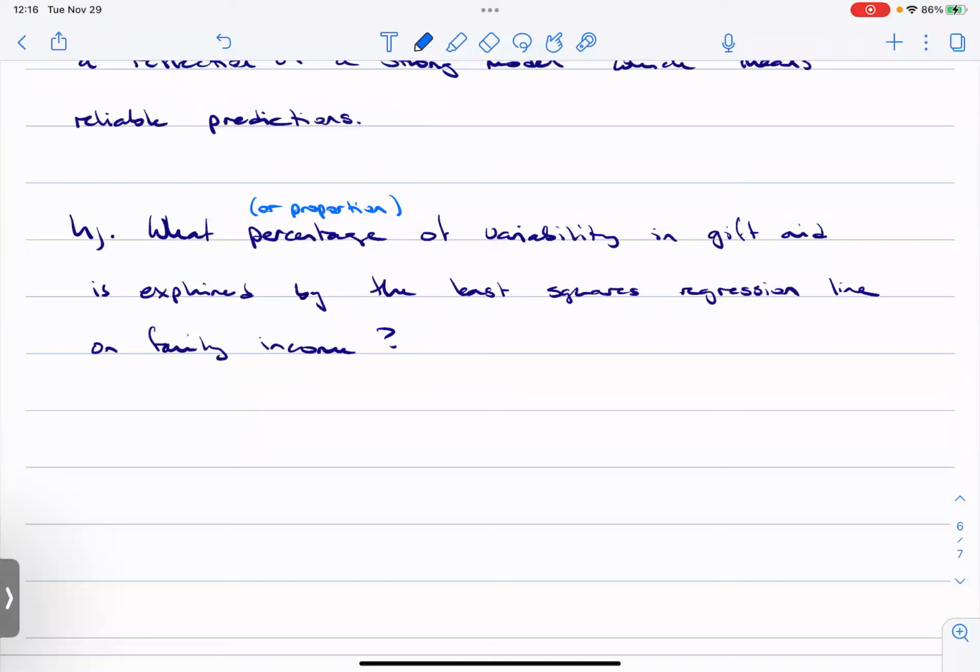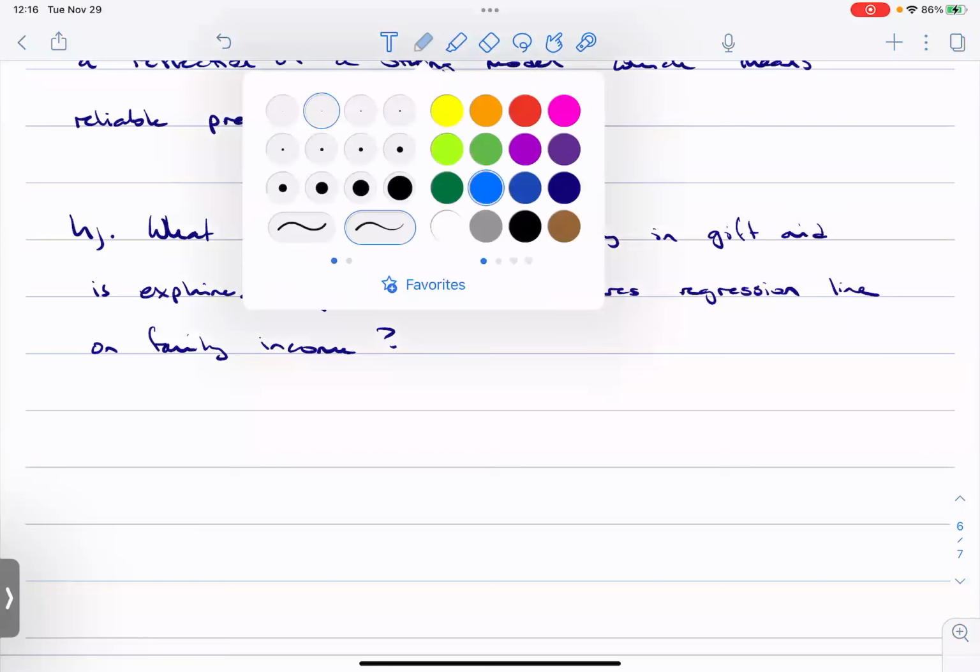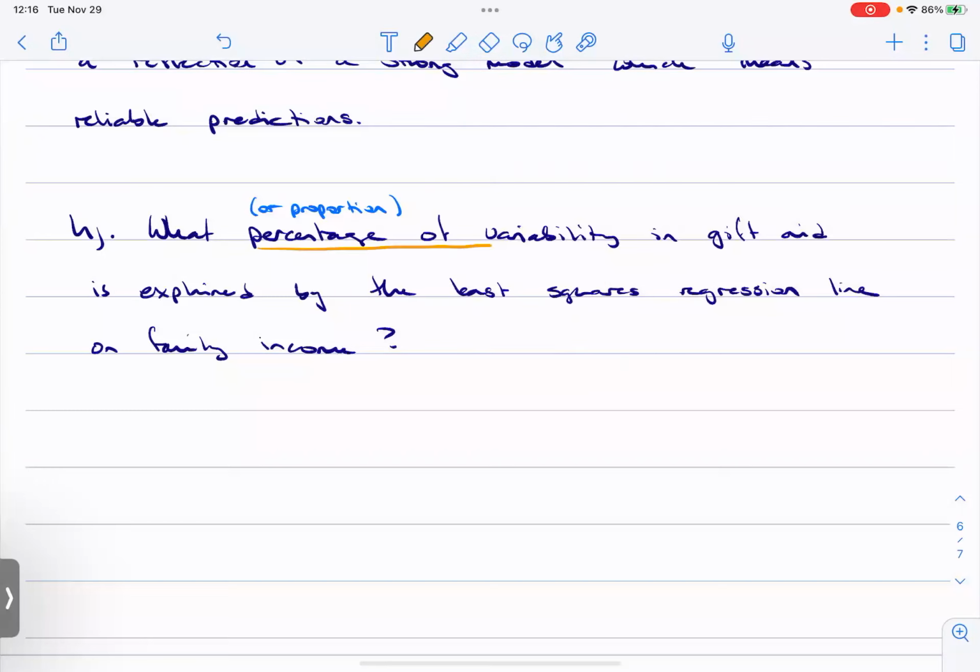It could say proportion, but in general, we're going to see this and think R squared.